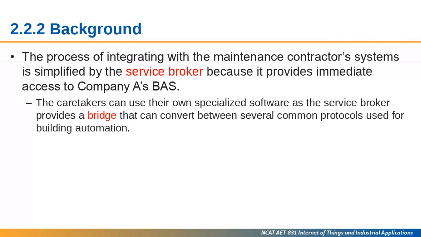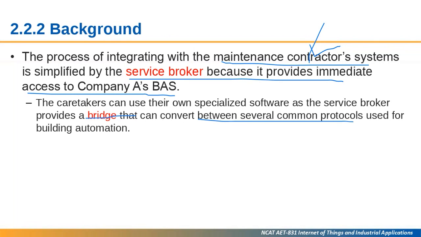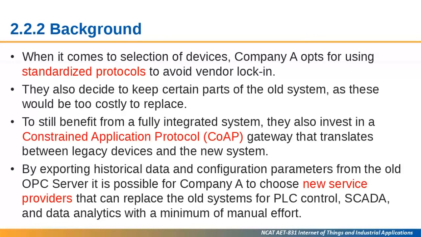The process of integrating a new contractor with the maintenance contractor system is simplified by the service broker because it provides immediate access to the company's BAS. Yeah, that's another aspect I didn't mention just now. The service broker will also provide access for information communication. So it provides a bridge that converts between common protocols used for building automation.